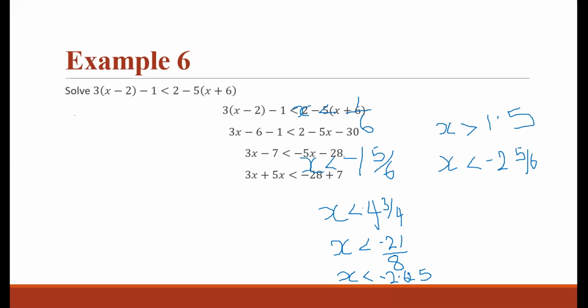The next step is you collect the like terms. 5 comes here, 7 goes to the other side, and we have 8x is less than negative 21. So we divide through by 8, and our answer becomes x is less than negative 21 over 8.